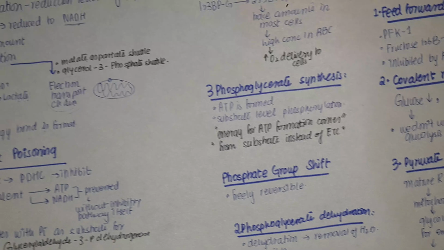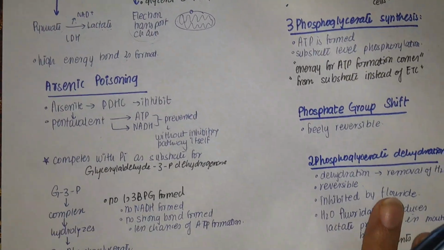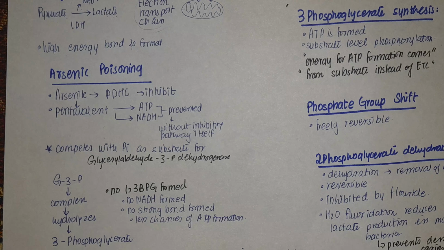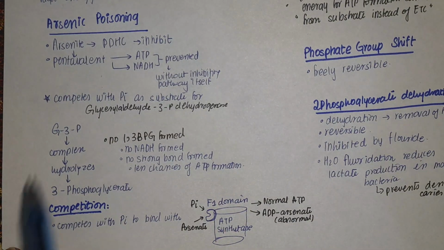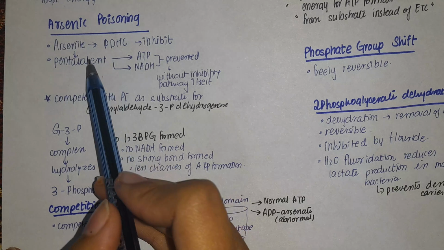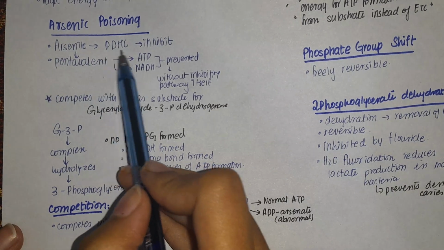Now, a very important thing over here is arsenic poisoning. It can be very important, and in clinical practice you can have an arsenic poisoning patient. So let's discuss that. Arsenite can inhibit the pyruvate dehydrogenase complex.